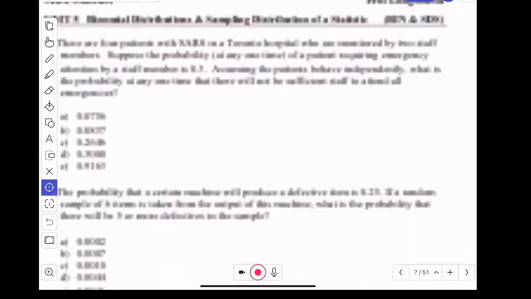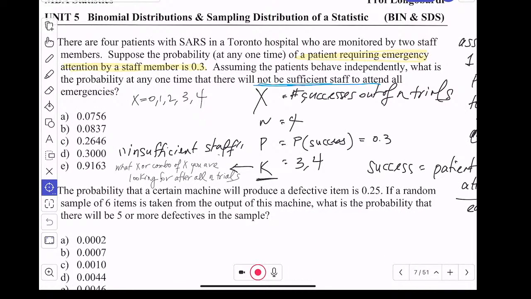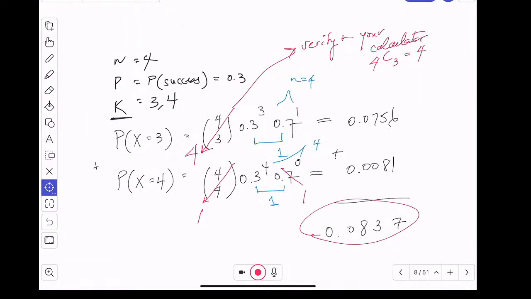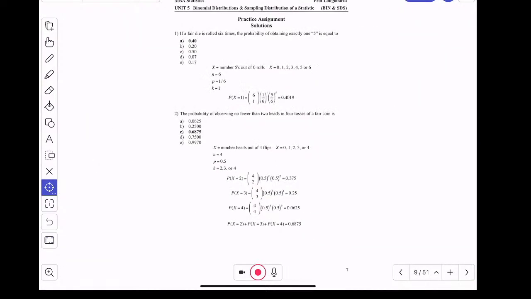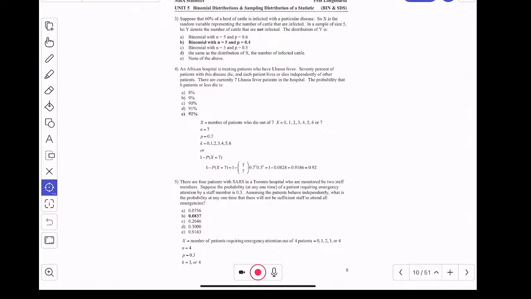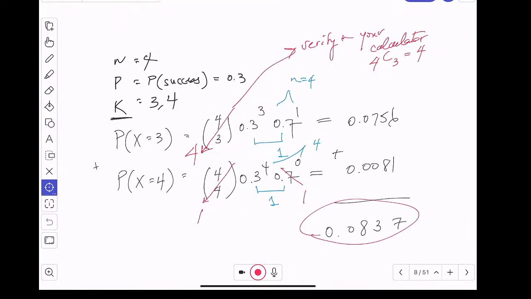Let's see, 0.0837, so it would be B if I got it right. I did get it right.